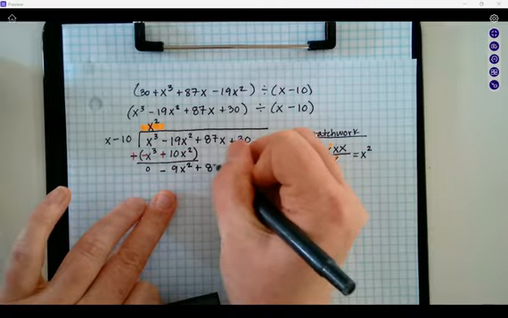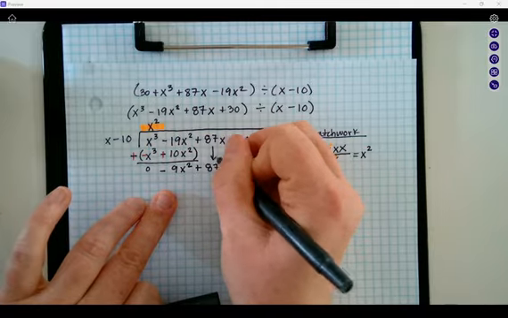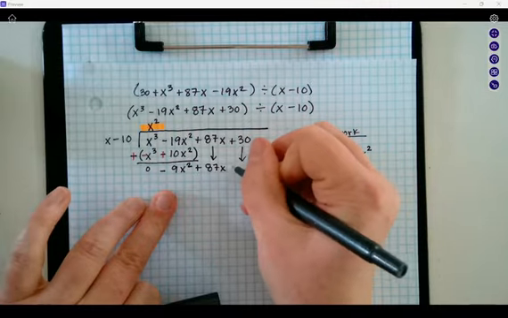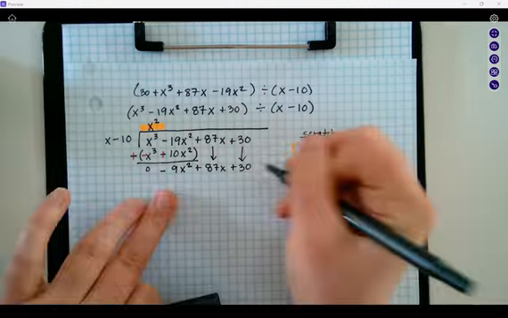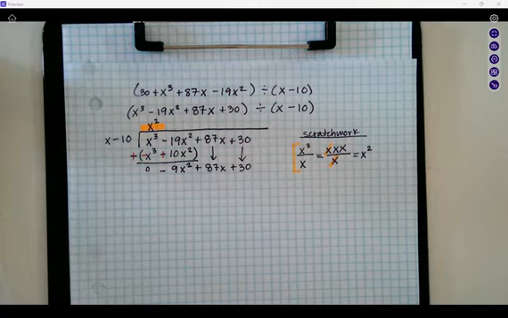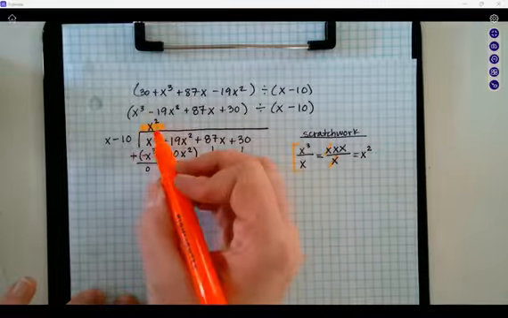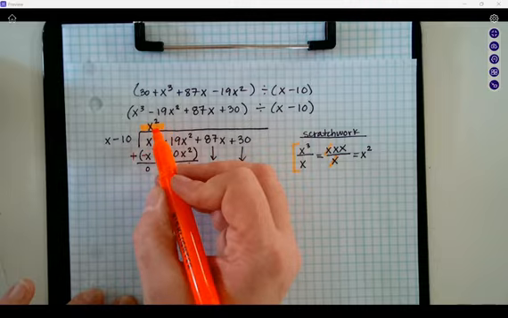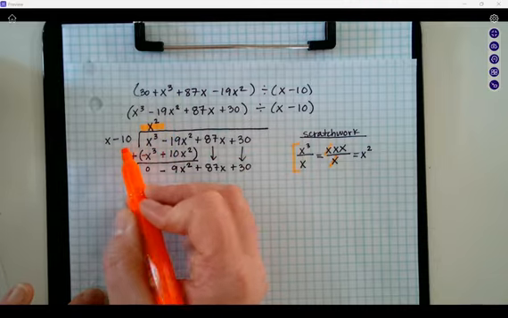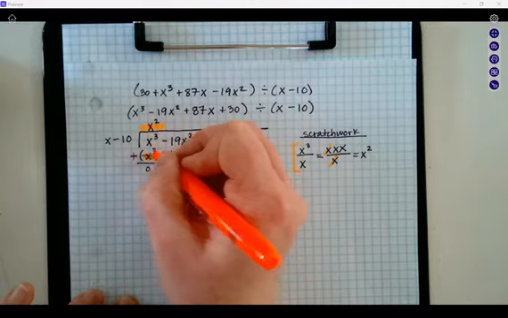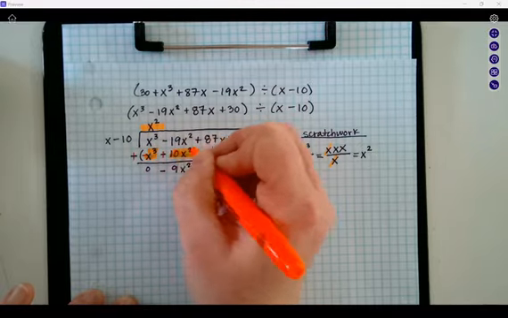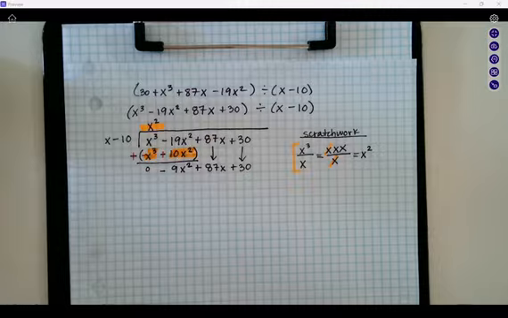Positive 87x, bringing that down, and positive 30. Now I'm going to use my highlighter just to make the connection with that first term and the distribution that occurred. Whenever I distributed that x squared across my divisor, it produced those two values for me.